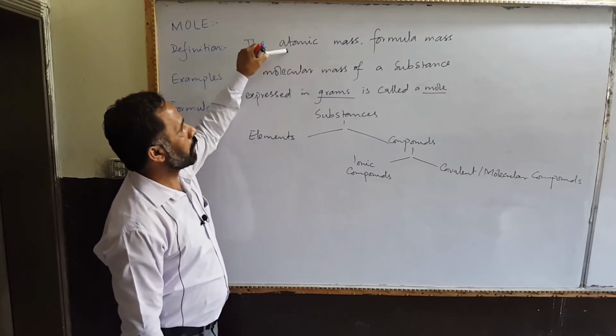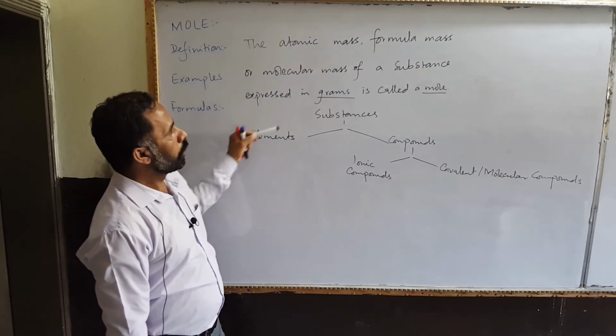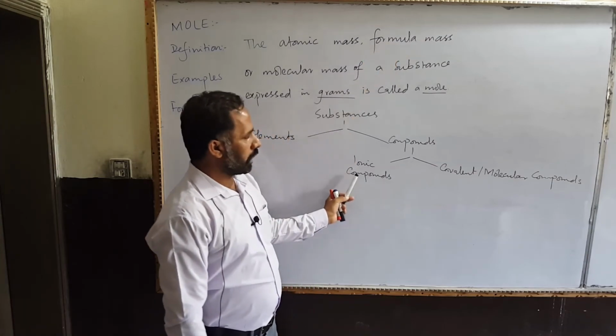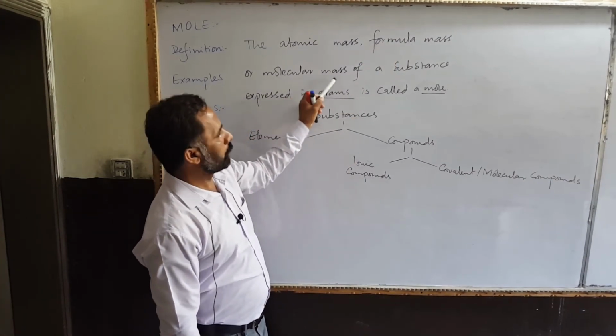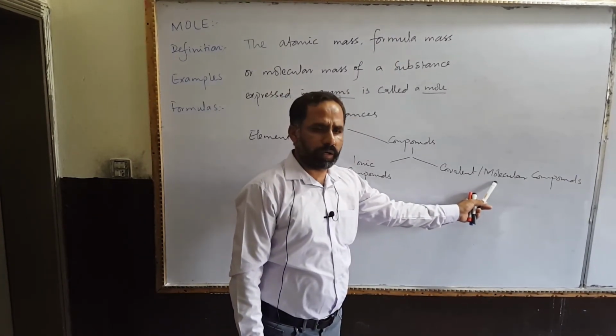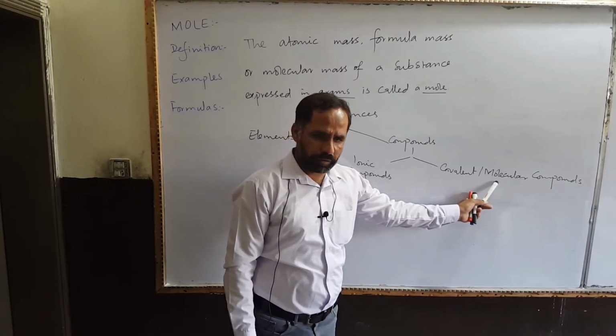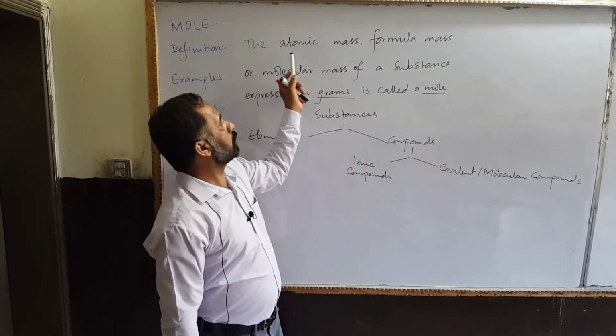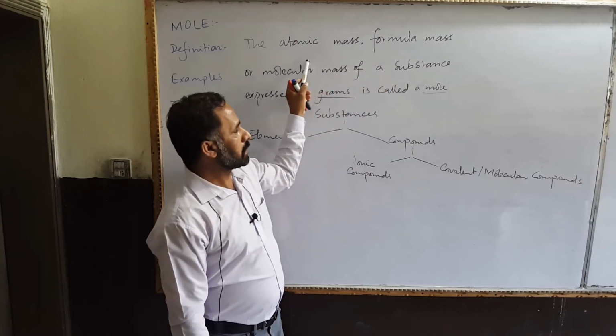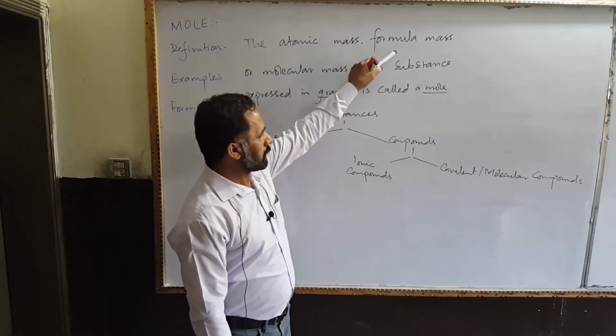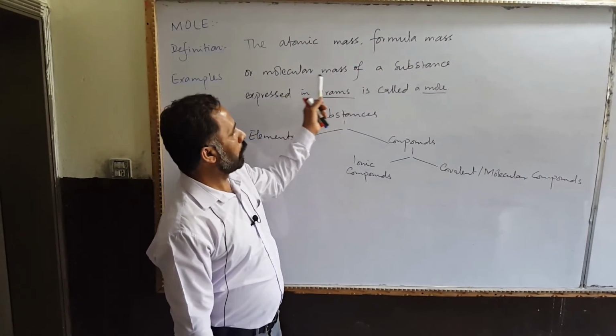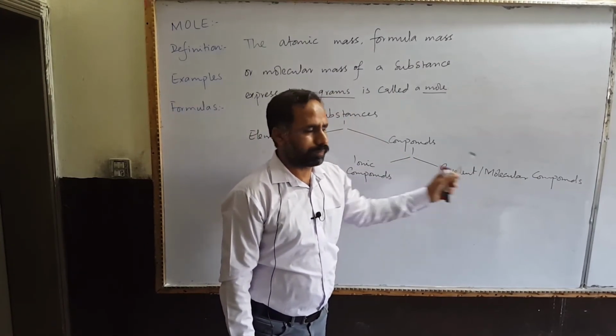The term atomic mass is used for the elements, formula mass for the ionic compounds, and molecular mass for the covalent or molecular compounds. So there are three different kinds of substances and three different terms.